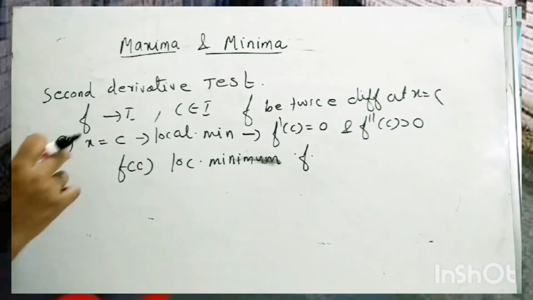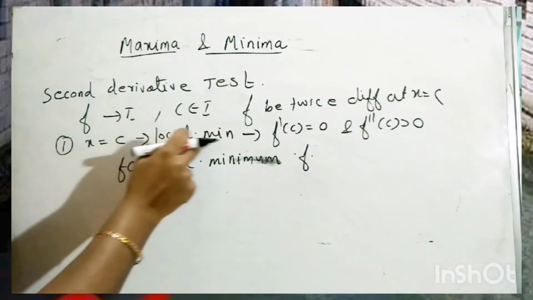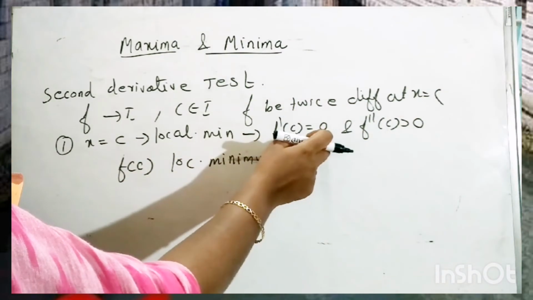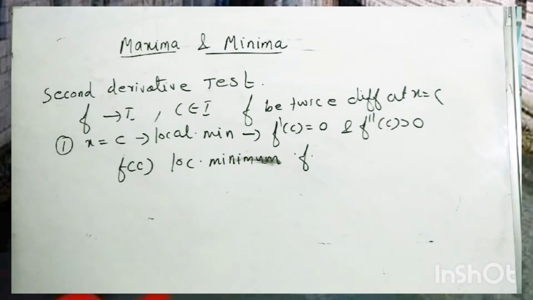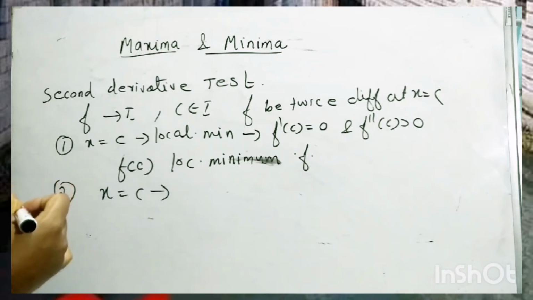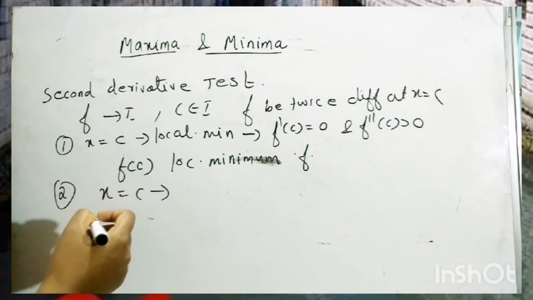So x equals c is a point of local minima if f dash of c is equal to 0 and f double dash of c is greater than 0. Then we can say that c is a point of local minima and f of c is the local minimum value of f.